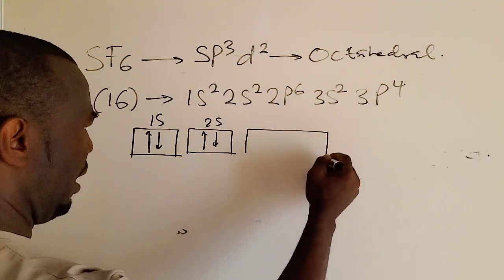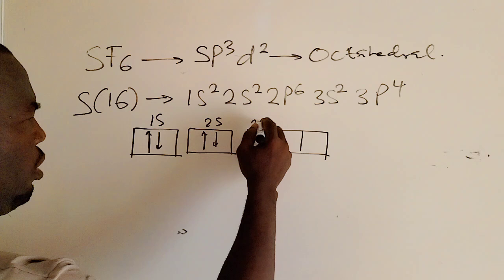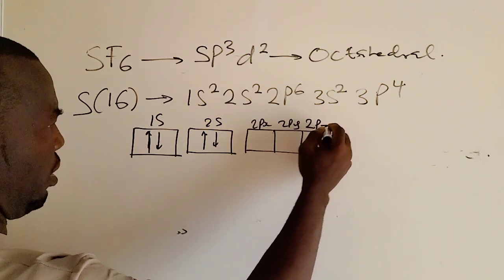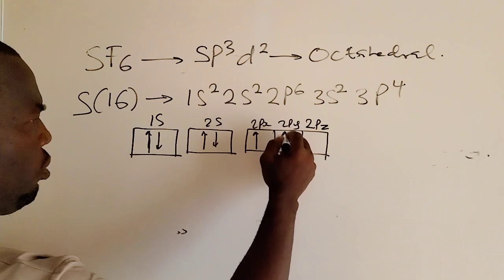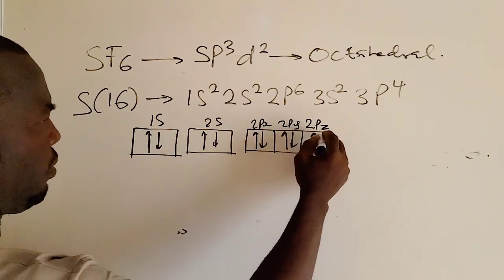Then 2p has 6 electrons, whereby, by Hund's rule, the p energy level is divided into 3 orbitals. 1, 2, 3, remaining 3, 4, 5, 6.